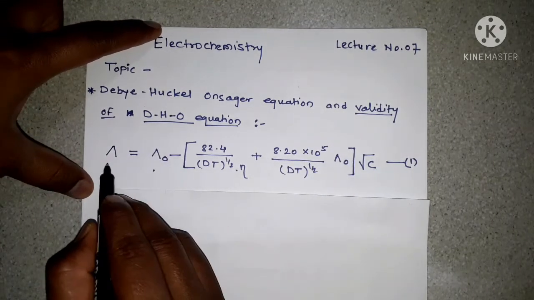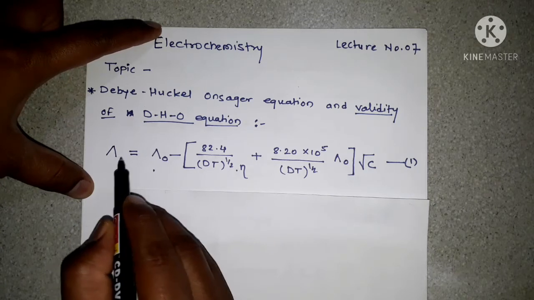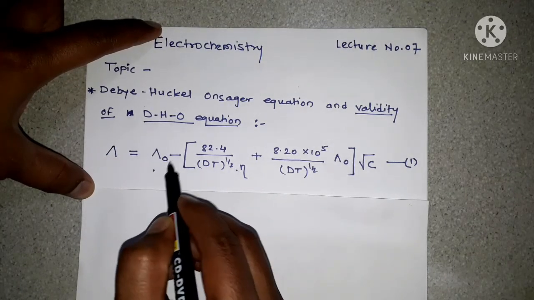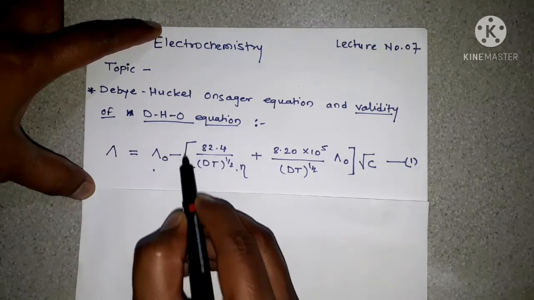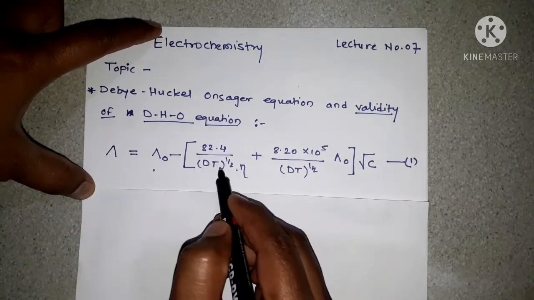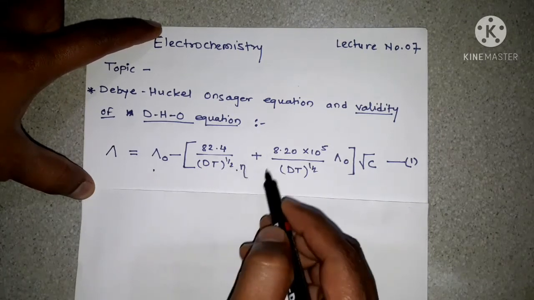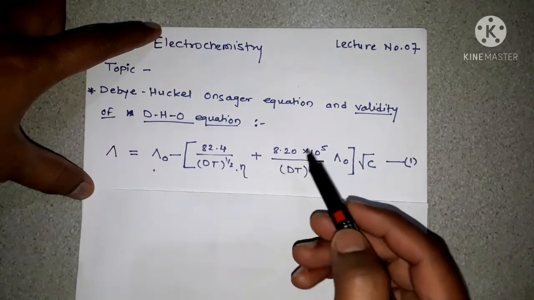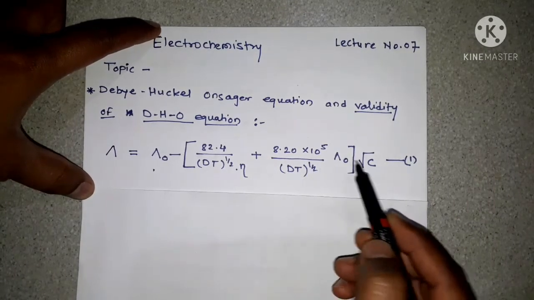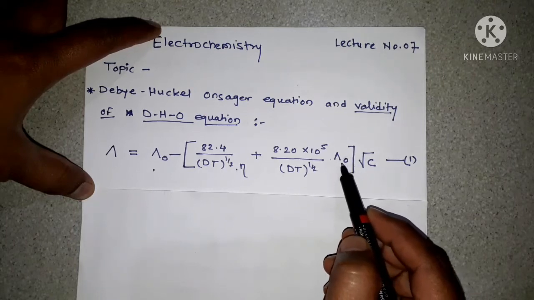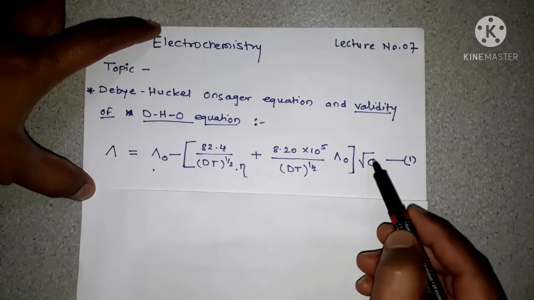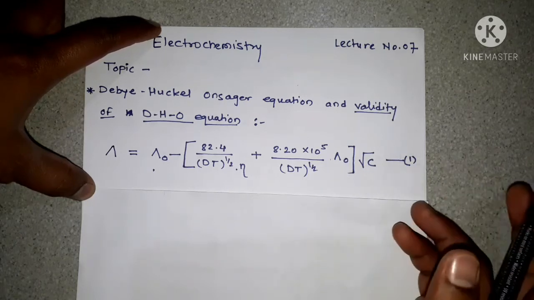In this equation, this cap symbol indicates molar conductivity, equal to cap 0, the molar conductivity at infinite dilution, minus into square bracket 82.4 divided by (DT)^(1/2) into eta, plus 8.20 multiplied by 10^5 divided by (DT)^(3/2) into cap 0, and as we know, cap 0 is the molar conductivity at infinite dilution, bracket complete, into under root c, or you can say c raised to 1/2 also.